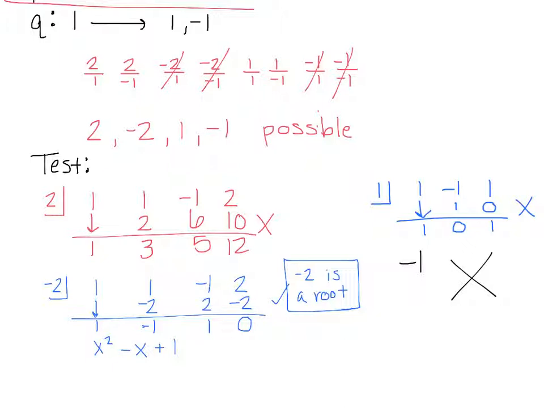Because the other one would be imaginary, right? And imaginaries work in pairs. Okay, so why would it be imaginary?